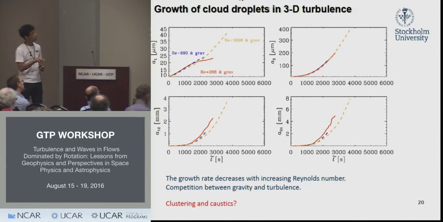So from these two aspects, we would explore how exactly gravity affects clustering and accelerations and the turbulence. And if gravity and turbulence exist at the same time, how these two effects compete with each other. This we haven't understood yet, and it is still in progress.